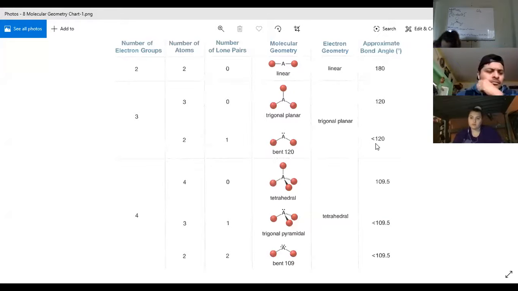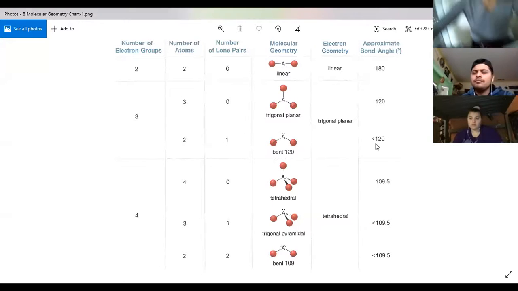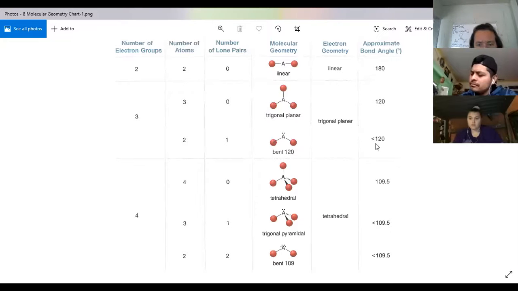And the electron geometry, however, is trigonal planar. It's still got 3 groups, and when 3 groups are attached, whether they are atoms or lone pairs, we see a trigonal planar flat shape.